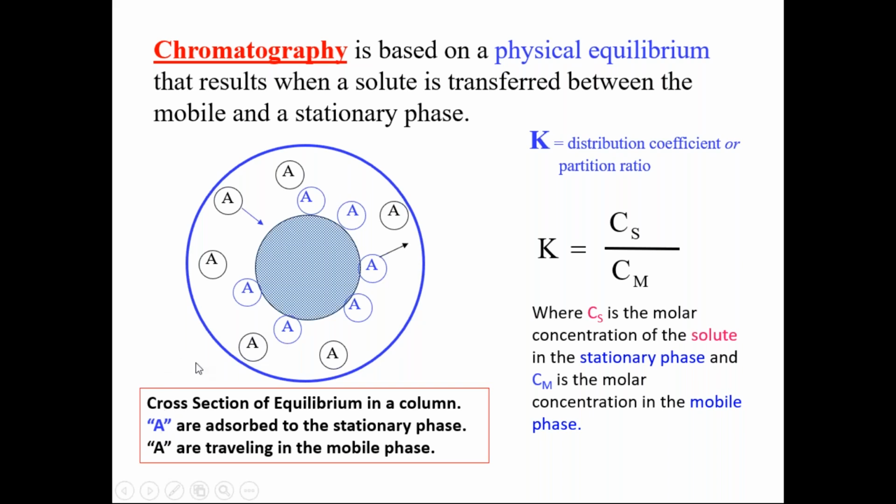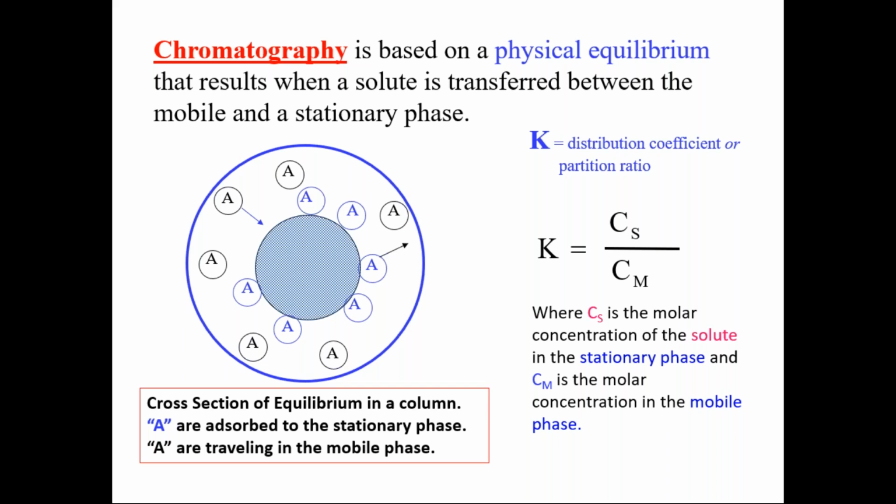So what is shown is the analyte which is adsorbed to the stationary phase, and A, which is shown in black, is the analyte which is traveling in the mobile phase. So the distribution coefficient or the partition ratio K is equal to Cs by Cm, where Cs is the molar concentration of the analyte in the stationary phase and Cm is the molar concentration of the analyte in the mobile phase.